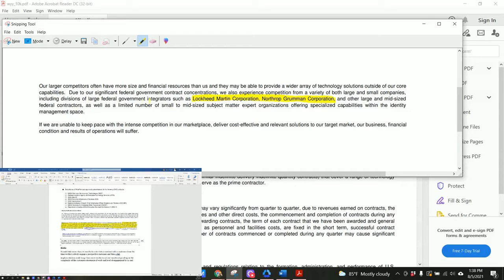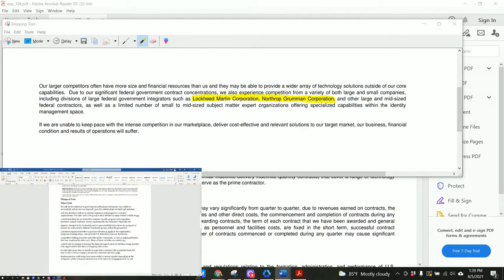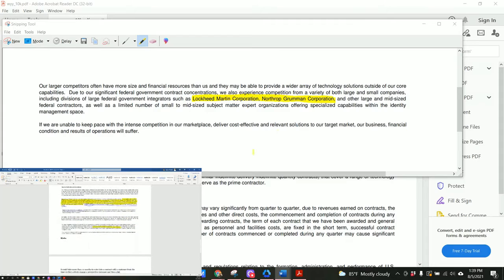Oh, these are larger competitors, actually. It says competitors up here. I was scanning ahead. These are not companies they work with. These are competitors. So that goes into things of note. Again, if you want to see how I set this up, make sure to watch the last video, which you can get for free below.